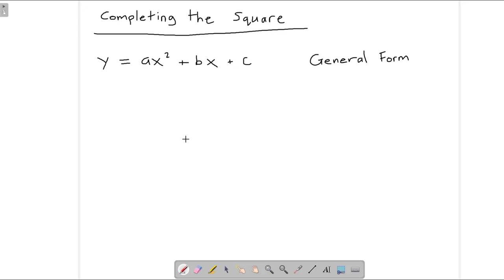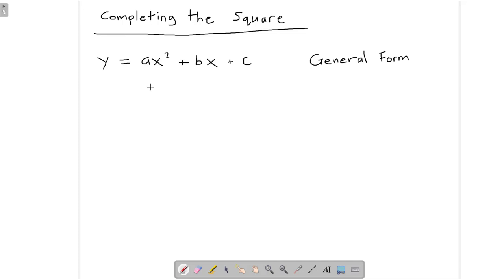I want to show you how completing the square works, and then after I'll show you a shortcut on how to find the vertex of a parabola. Completing the square gets pretty algebra heavy, so if you're going farther in math, it's a good thing to know how to do, but otherwise it's okay to just use the shortcut that I'll show you.